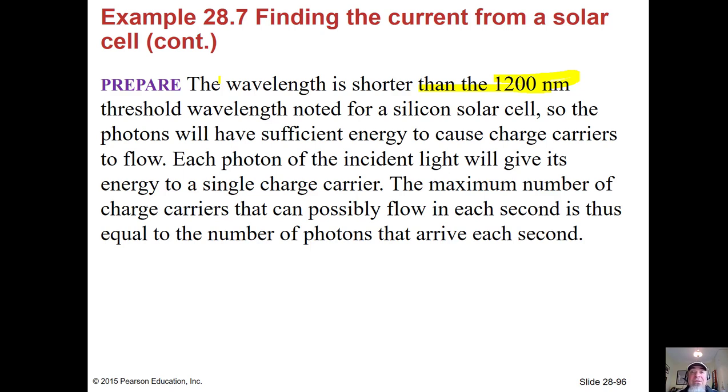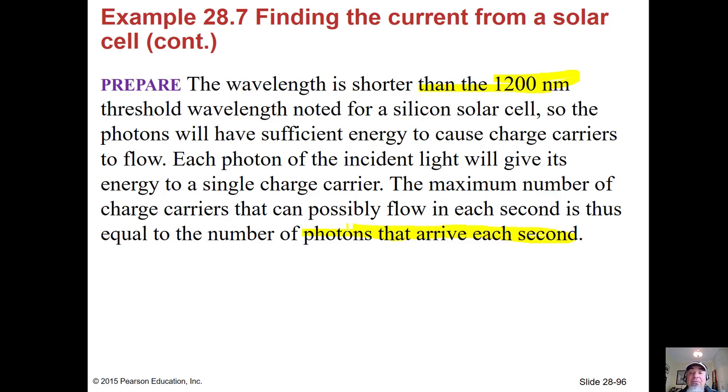If you remember back from the voltage and current chapter, you have electrons moving. That's what current actually is, the number of coulombs per second. That's what an amp is. So the maximum number of charge carriers that can possibly flow each second is equal to the number of photons that arrive each second.